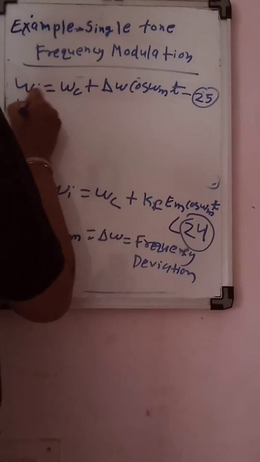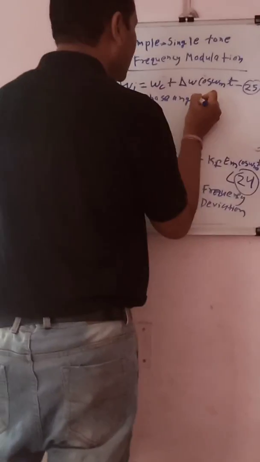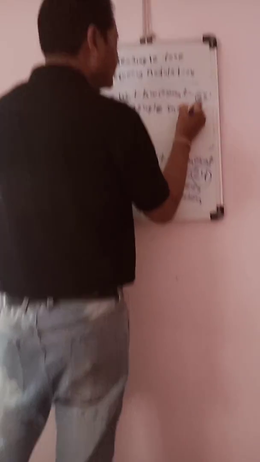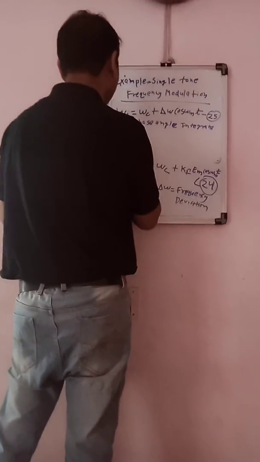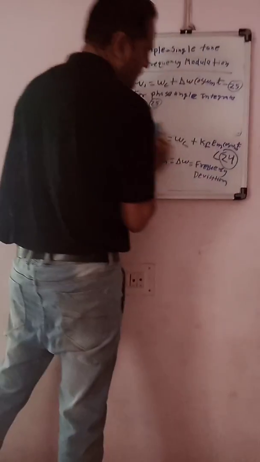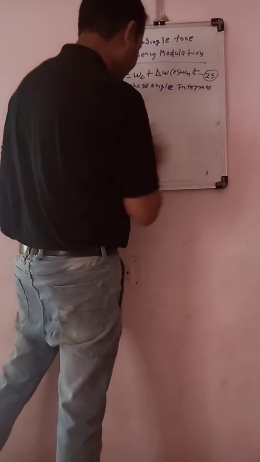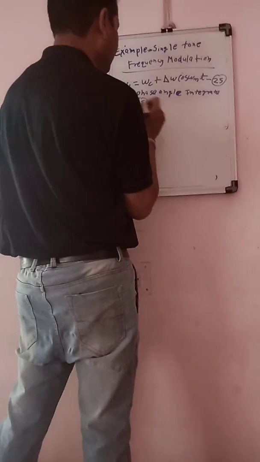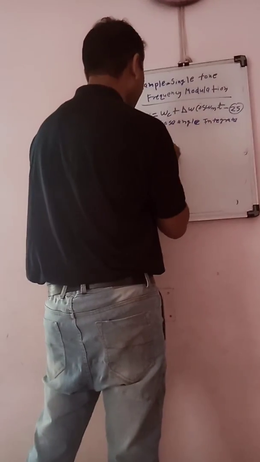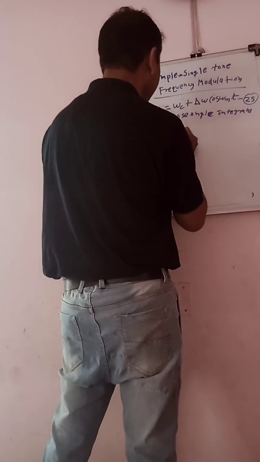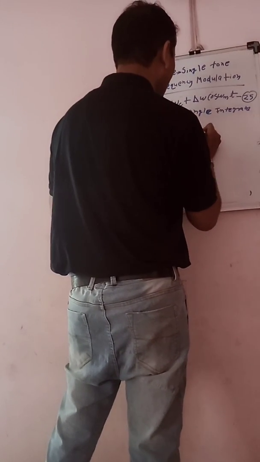So for phase angle, integrate equation 25, which is the equation for instantaneous frequency. So let's do it. This psi I I have to find out. So what is psi I? This psi I is nothing but the integration of omega I dt.